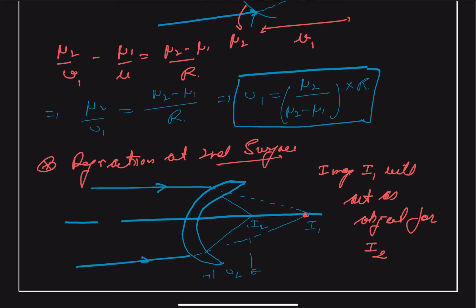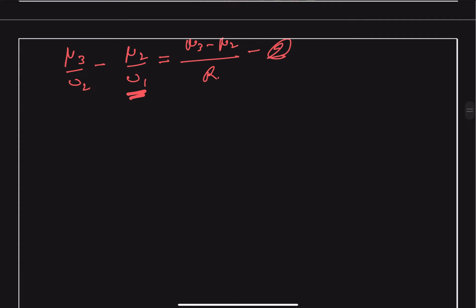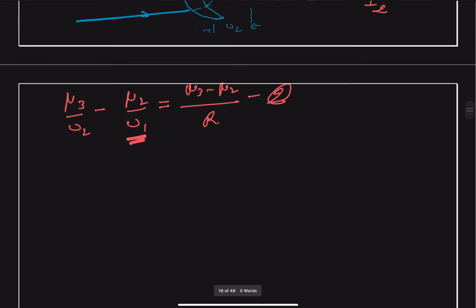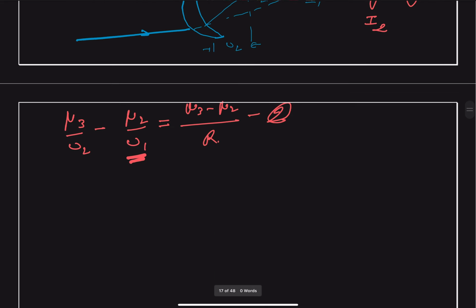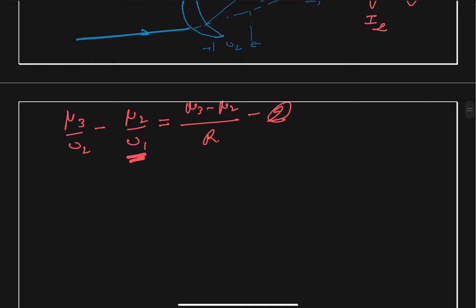We can simply substitute it. We already found out mu2 upon V1, so we are going to replace it here.